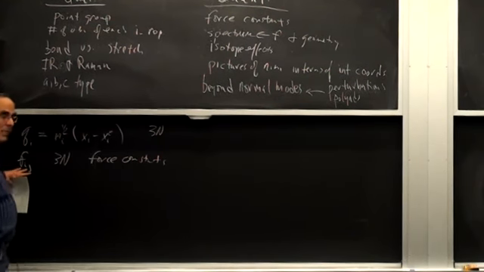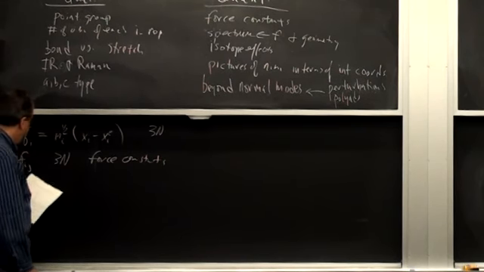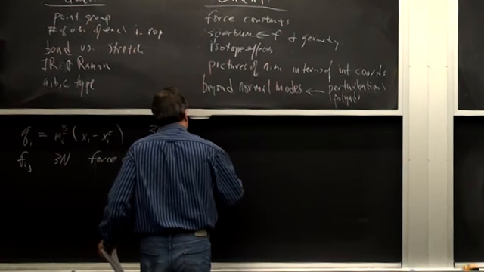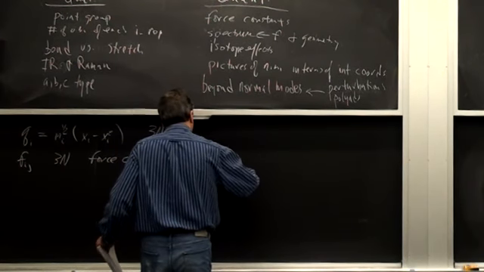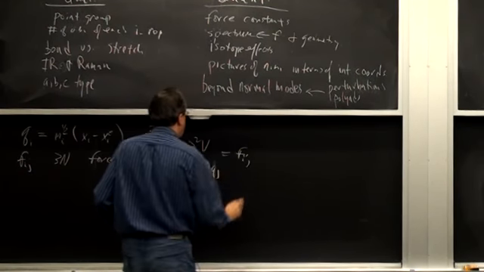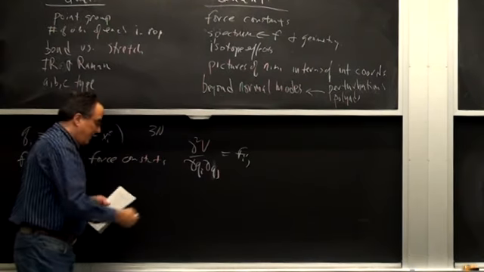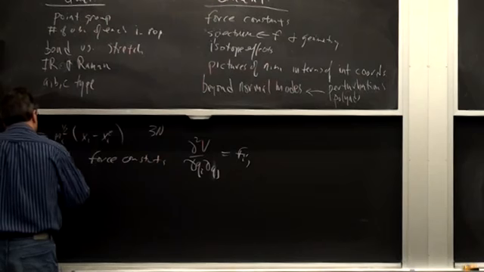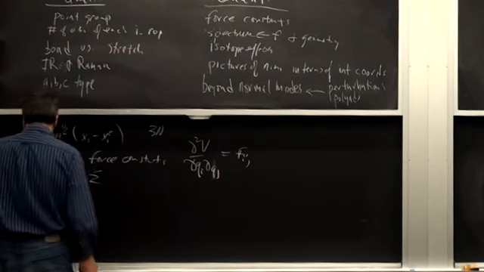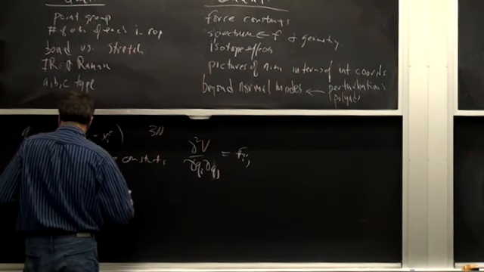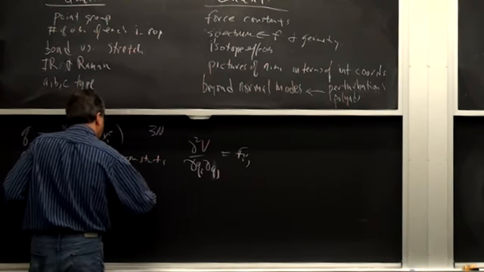Or mixed second derivatives of the potential. So if you have that, if you have these things, then you can describe the potential as the sum over i and j of these force constants times the mass-weighted displacements.